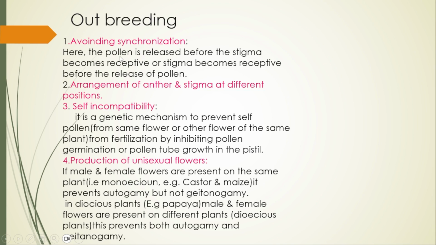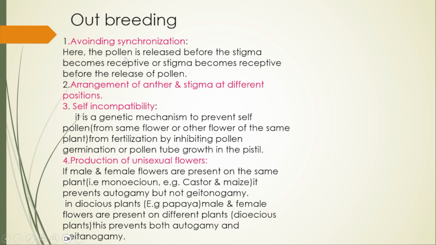Next, outbreeding devices. You can expect a 5 marks question in the theory session and also a 3 marks question. Usually, plants avoid self-pollination, so there are many things they do to avoid it. The first among them is avoiding synchrony. Here, pollen is released before the stigma becomes receptive, or the stigma becomes receptive before the release of the pollen.